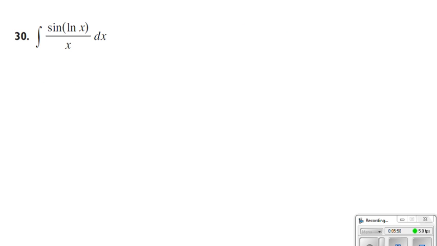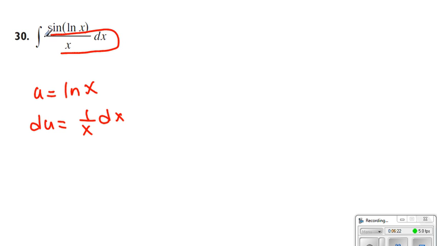Alright, number 30. What should be u? Yes, it has to be ln of x. If you set that up as u, we end up getting du becomes 1 over x, which is the derivative of ln of x, multiplied by dx. In other words, this becomes our du. So our new expression is sine of u du.